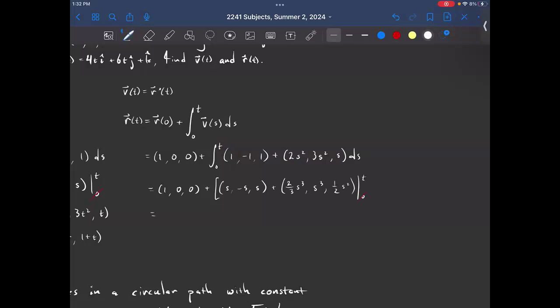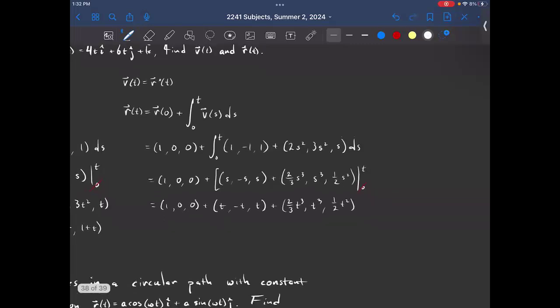All right, so we're almost there. 1, 0, 0, plus t minus t, t, plus 2/3 t cubed, 1/2 t squared, and that's it.